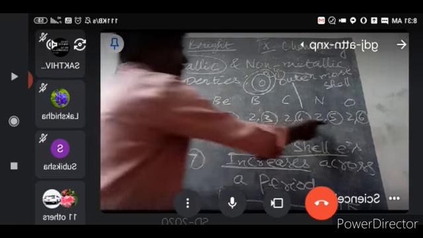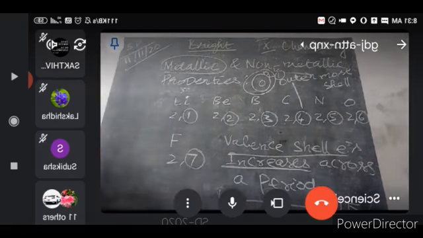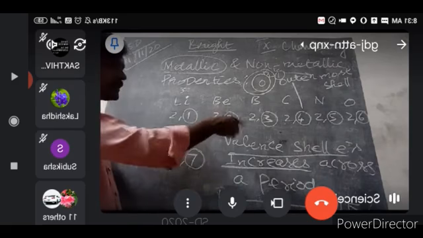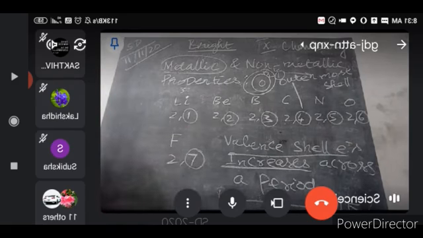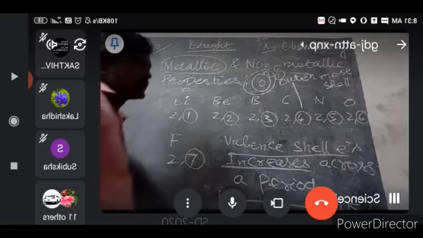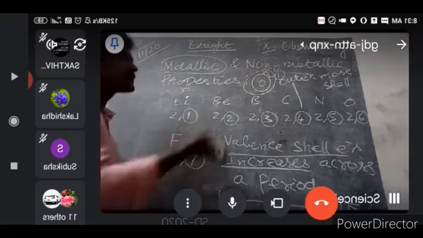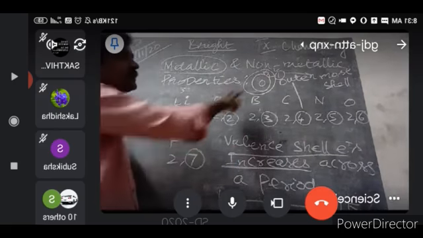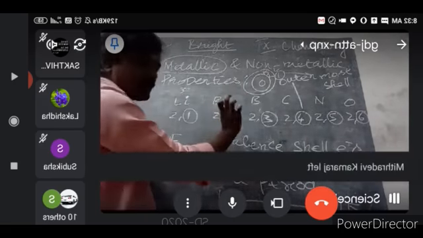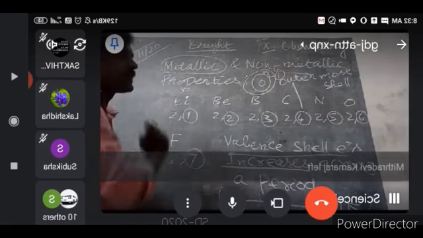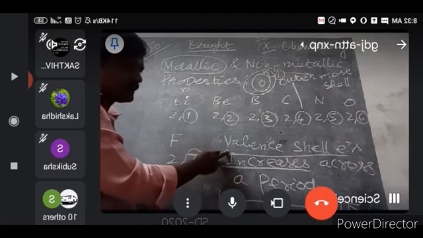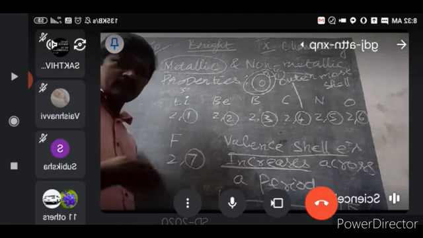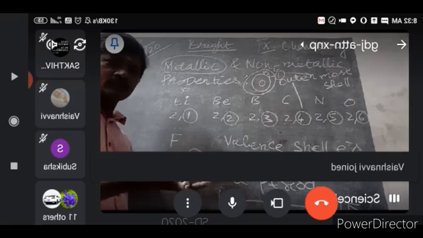Very easy, you can find only two shells, K and L. With that we can easily explain. This is the basic concept; latecomers who could not understand can also understand now. Lithium has only one electron in the outermost shell, and that is said to be the valence shell. If the valence shell has one electron, it can easily lose the electron. Tendency to give or donate electrons. Note down.